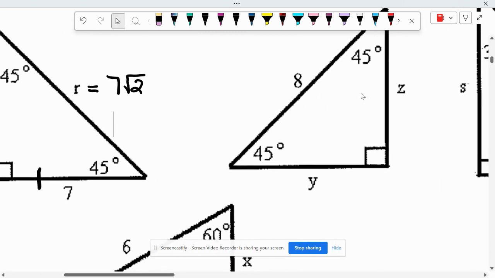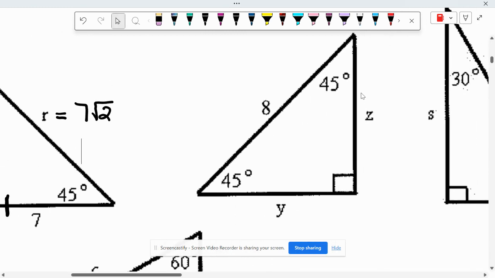Let's look at this next one. This side right here is the hypotenuse. If I want to use the rule, it says that the hypotenuse equals what? Someone tell me what the rule is that we just wrote for the hypotenuse on a 45-45.